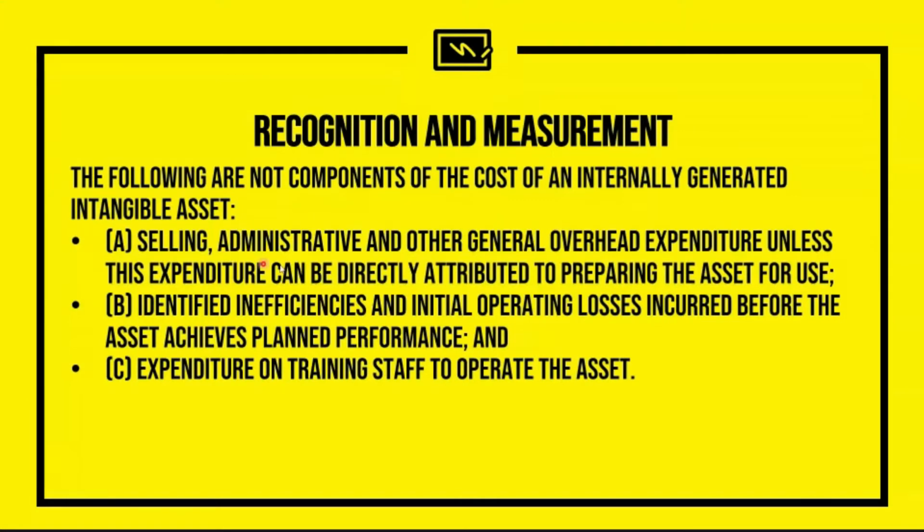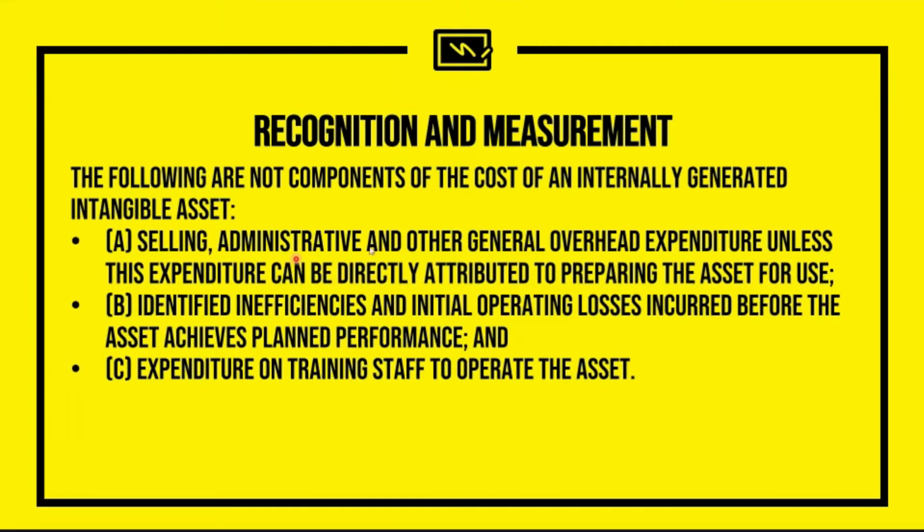First will be selling, administrative, and other overhead expenditures, unless the expenditure can be directly attributed to preparing the asset for use. So this is again a principle which should be justified, or established by the entity, in order for them to correctly capitalize that particular cost.